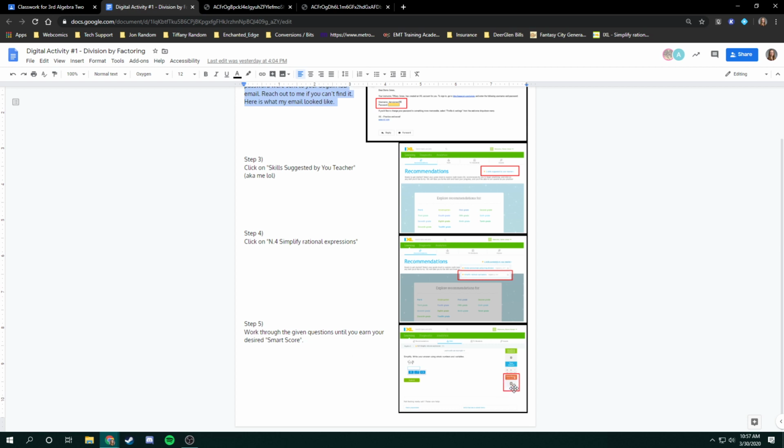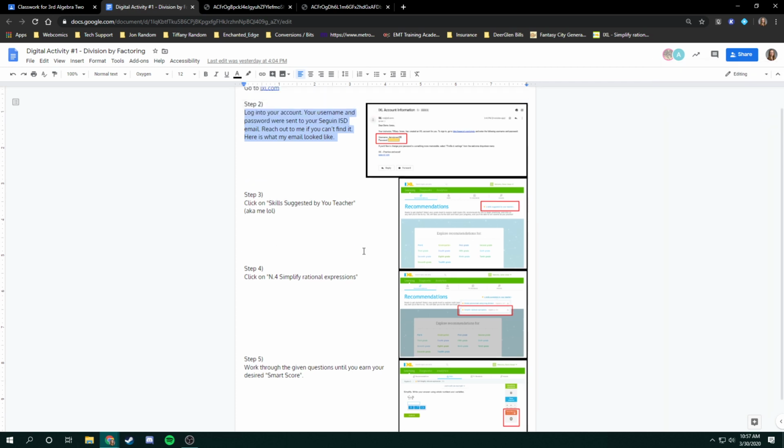So it's less about a set number of problems where you have to get this many right to pass. For you guys who get it right away, you'll be able to answer fewer questions to get the score that you want. Or if you need a little bit of help, it slows down a bit. Okay? It's kind of like the TSI where it learns with you or grows with you, which is kind of nice. There are additional resources down at the bottom. So this is the digital activity, okay?